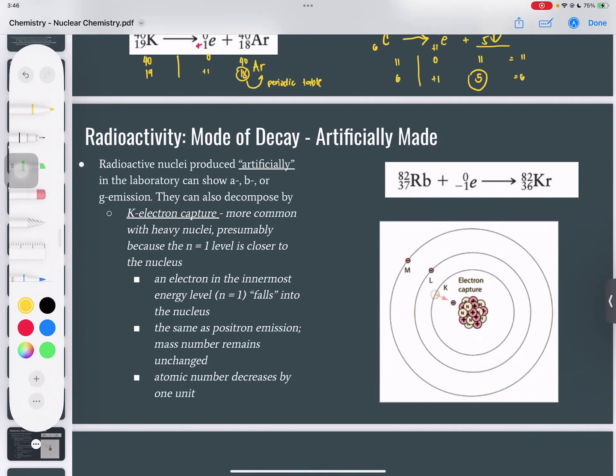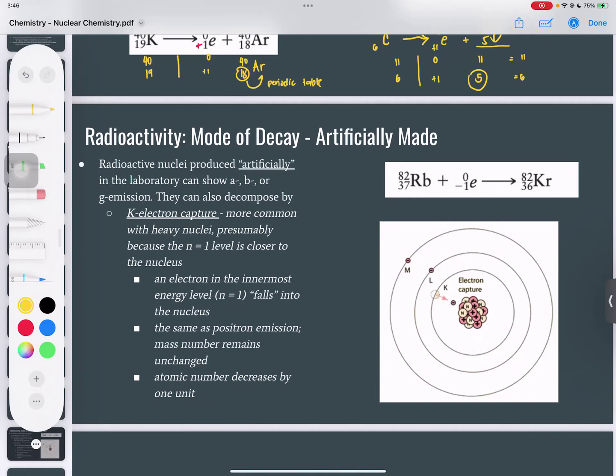In normal chemical reactions, the electron energy levels don't change this way. Why is it called K? Because the name of that energy level is letter K. It goes K, L, M, and so on. That's why it's called K-electron capture. It is closest to the nucleus, so it is absorbed.